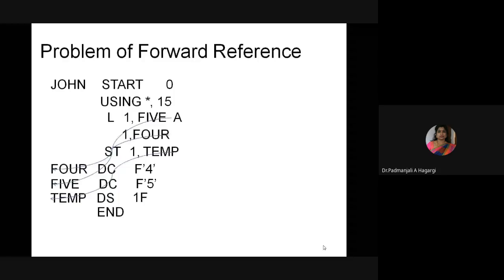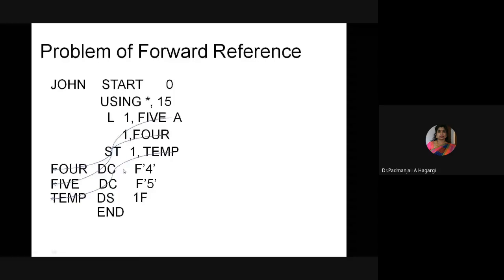This is the problem which I told you about, the forward reference. Sorry, the connection was lost. In the forward reference, the L is our operator, and the operands are 1 and 5, and A is located at the literal values.